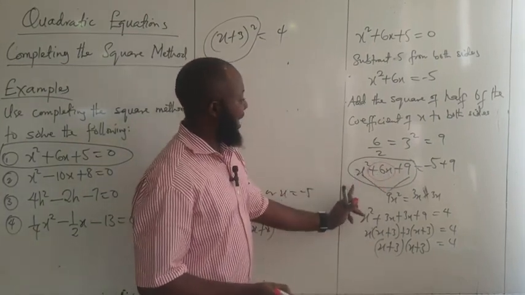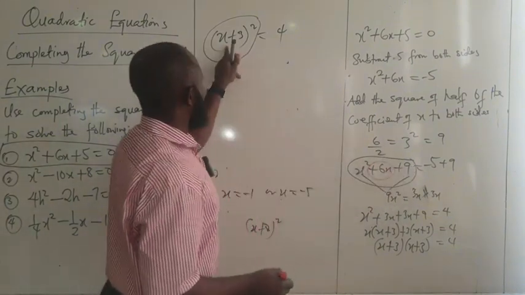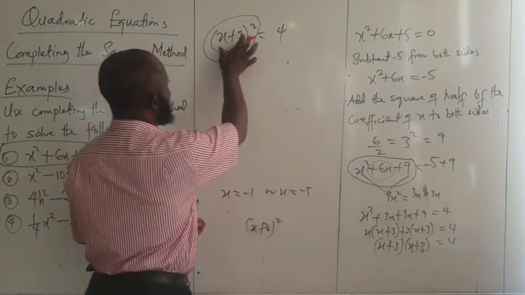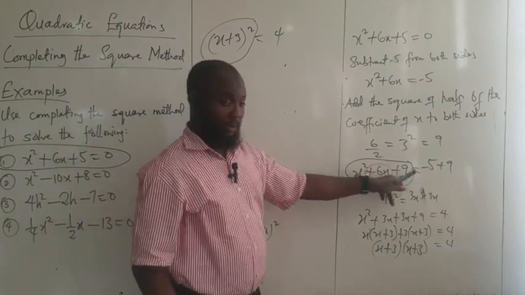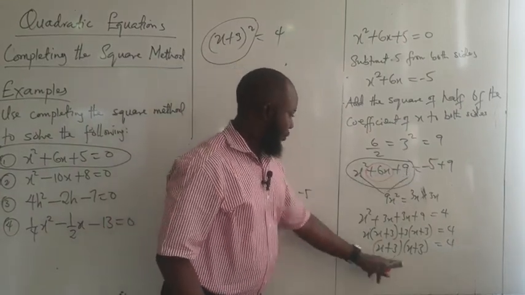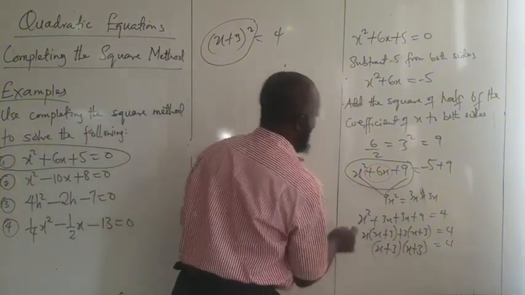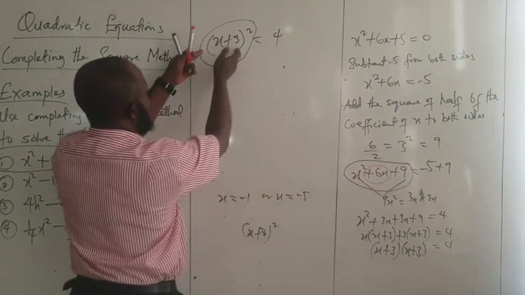What you are going to have left is x squared plus 3 squared. Can you see? And that can be put in the bracket like this: x plus 3, everything squared. Because 9 here is 3 squared. Is that clear? So instead of working this one, you just write x squared plus 3 squared, and you put everything in bracket to have this.